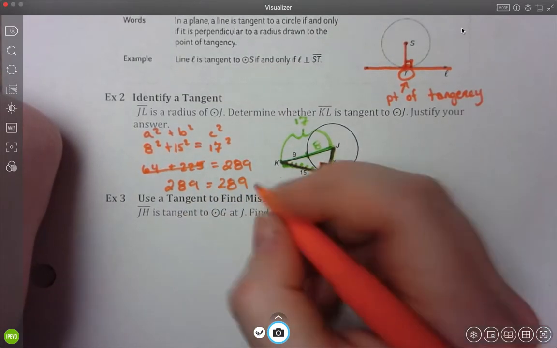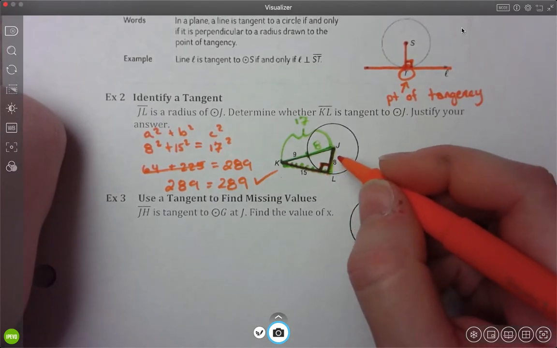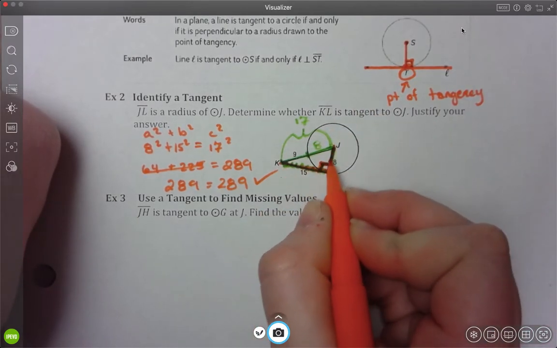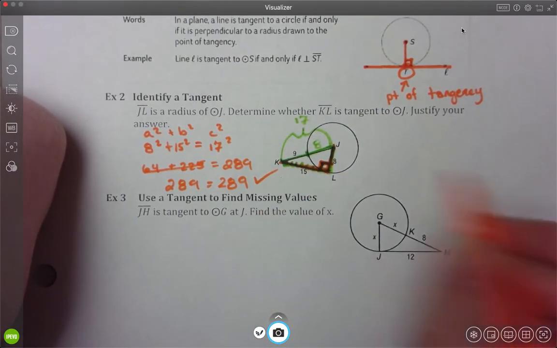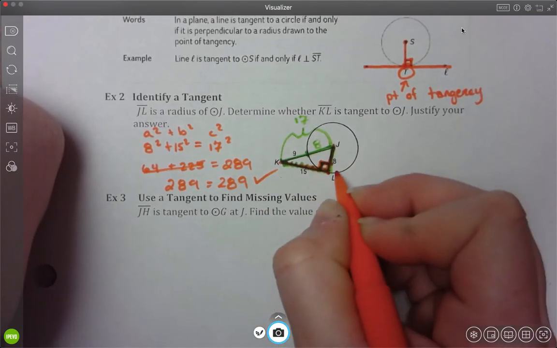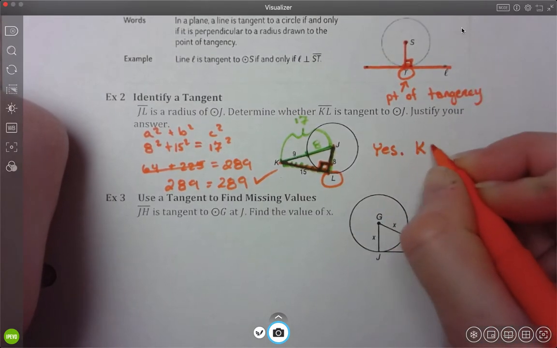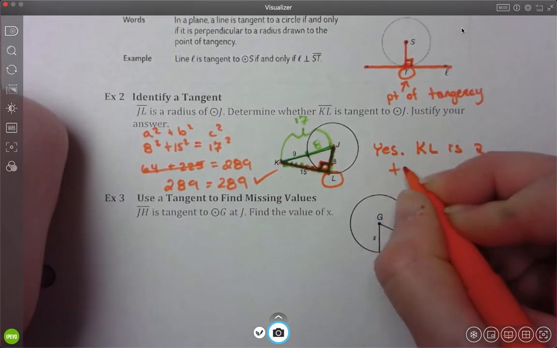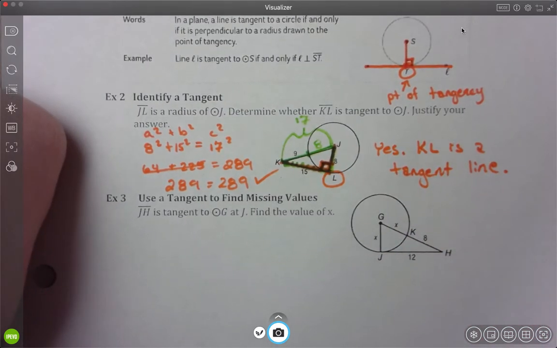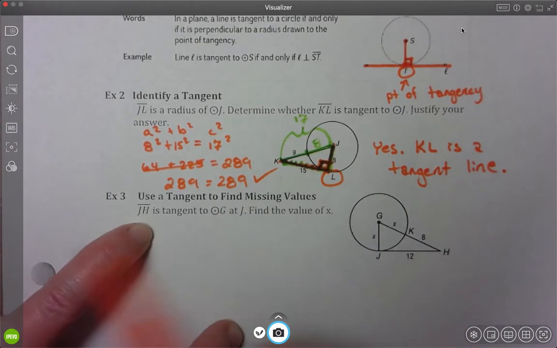Okay, check. That means that this is a right triangle, which means that this is a 90-degree angle, which means that this line is tangent to that circle because it is making a 90-degree angle with the radius at the point of tangency, which is L. So yes, KL is a tangent line.